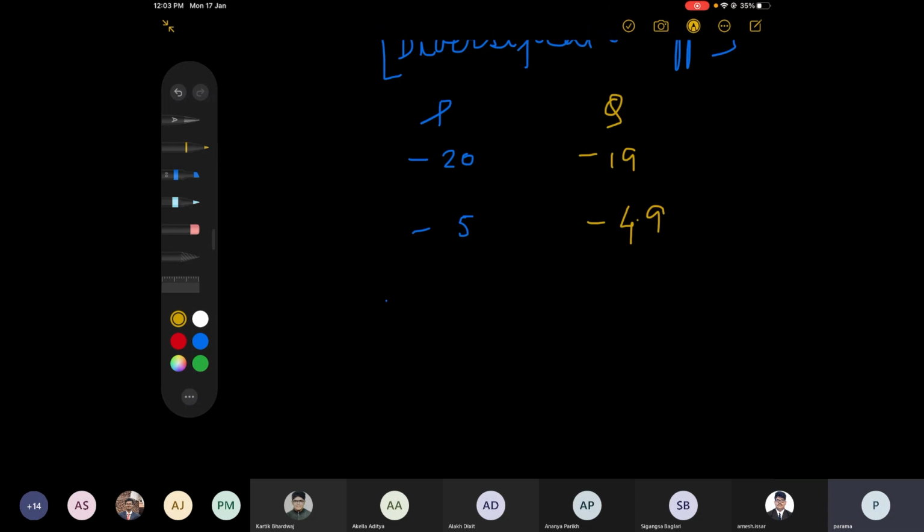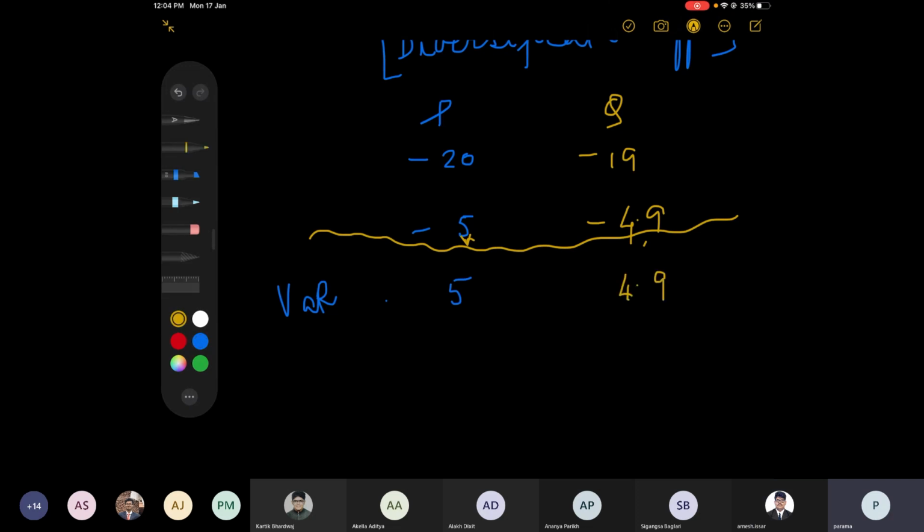If this is my say 95% cutoff, you see P's cutoff value is worse than Q's. So my value at risk. Do you agree or you don't? Yes, ma'am.